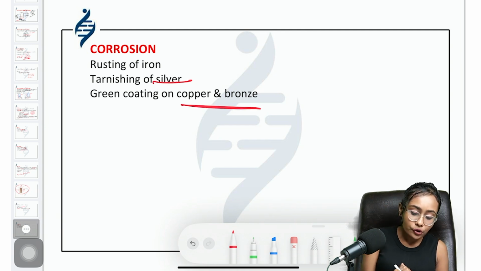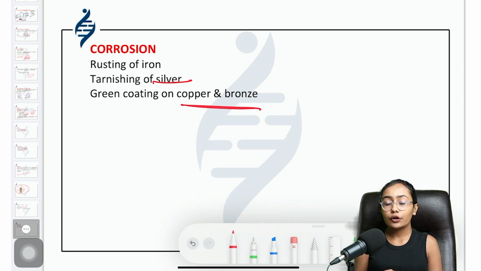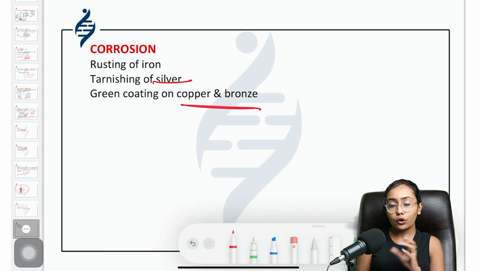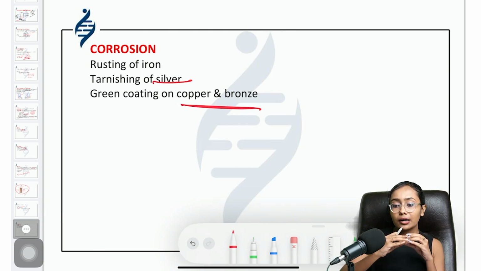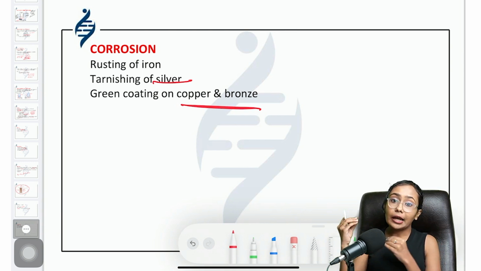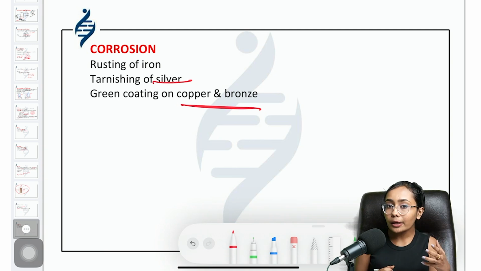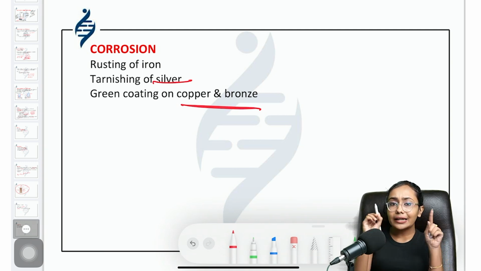Or if you have used copper and bronze utensils at home, you might have seen a green coating forming. It's all due to corrosion. Corrosion means that when the metal comes in contact with air, atmospheric particles and water vapor, a metal oxide layer is formed on the outer surface of the metal.